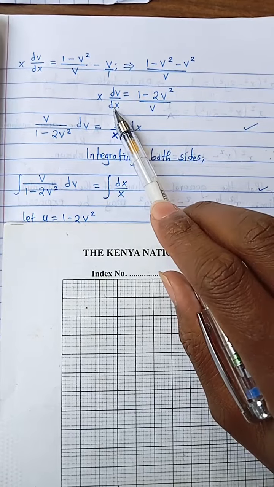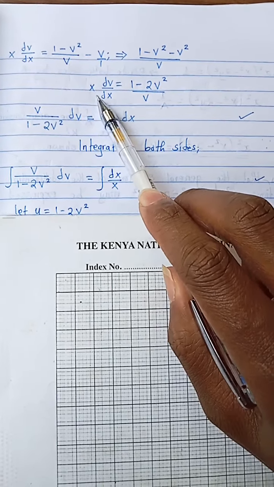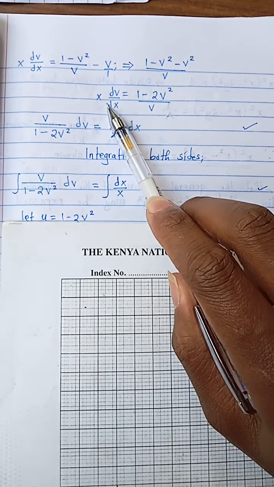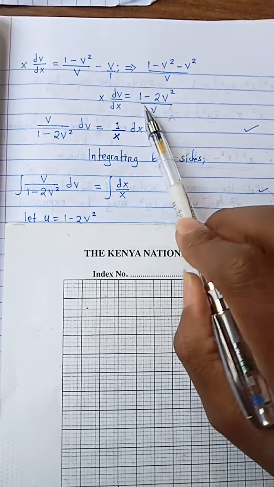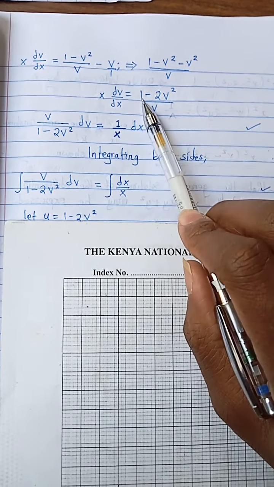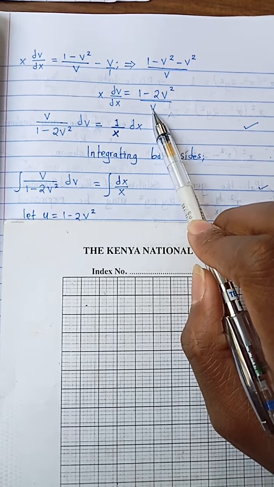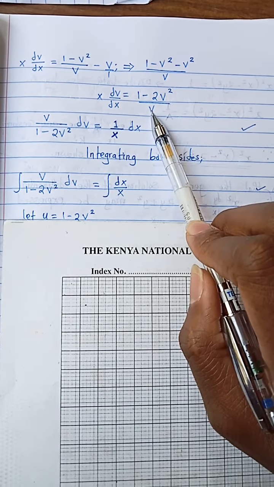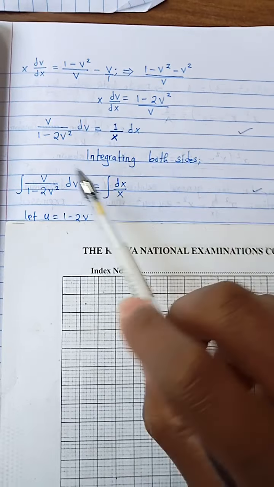So we simply come on this side and divide both sides by x, such that this side we remain with dv over dx is equivalent to (1 minus 2v squared) divided by v, over x, with v a function of x.